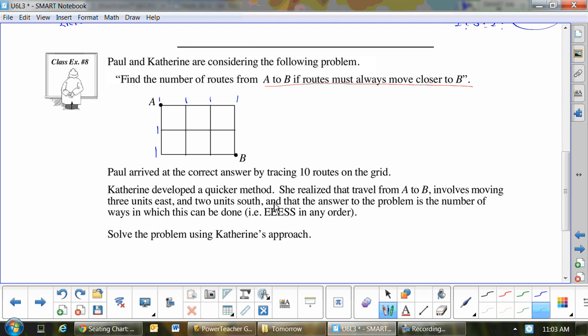Now what you want to do is, how many ways are there to get here? 2 ways, isn't there? So what I do is I take an arrow and I go like that, because 1 plus 1 is 2. There's 2 ways to get there. How many ways to here? 1 plus 2 is 3.